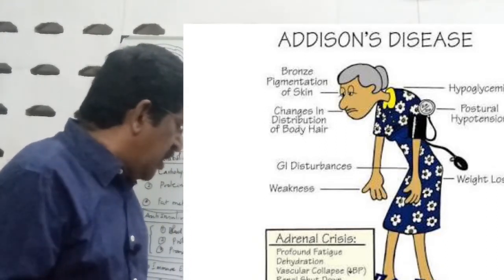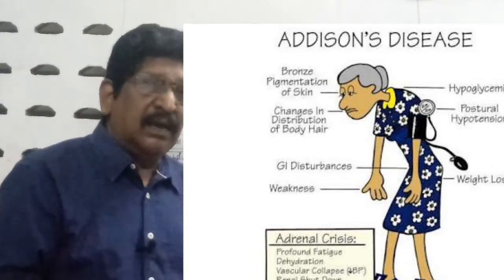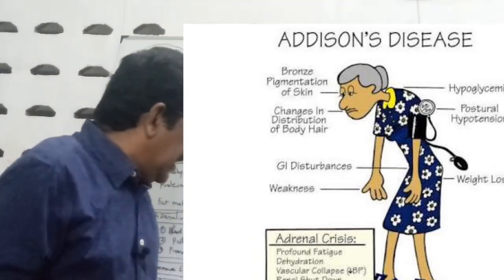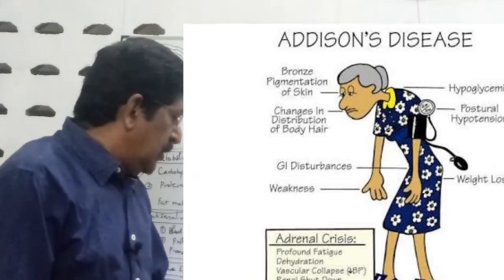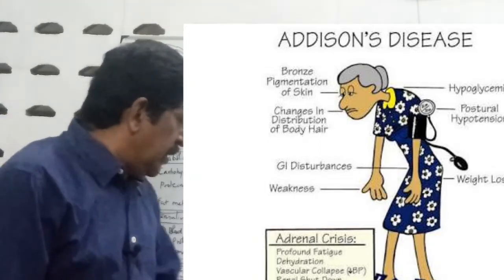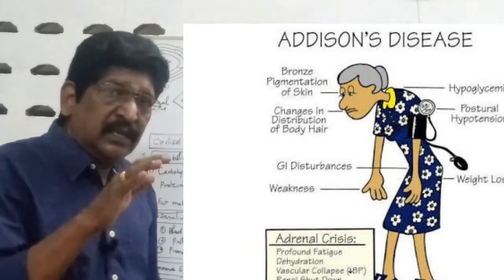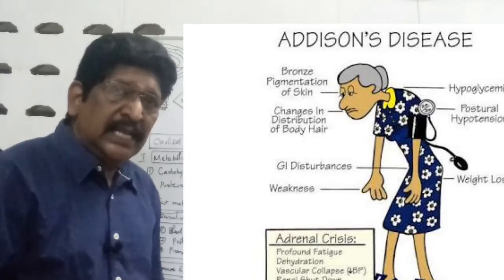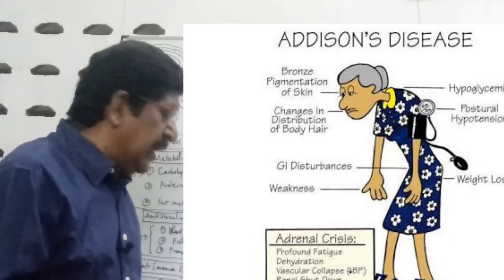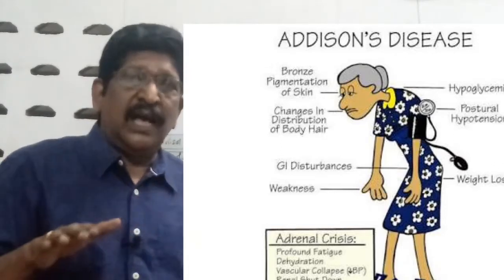And then third, weight loss and hypoglycemia. Sugar level will come down. So this is about Addison's disease. I repeat, Addison's disease, what are the indications? Hypoadrenalism. If aldosterone alone is less in amount, hyperkalemia, the serum potassium level will increase, that will affect the heart.